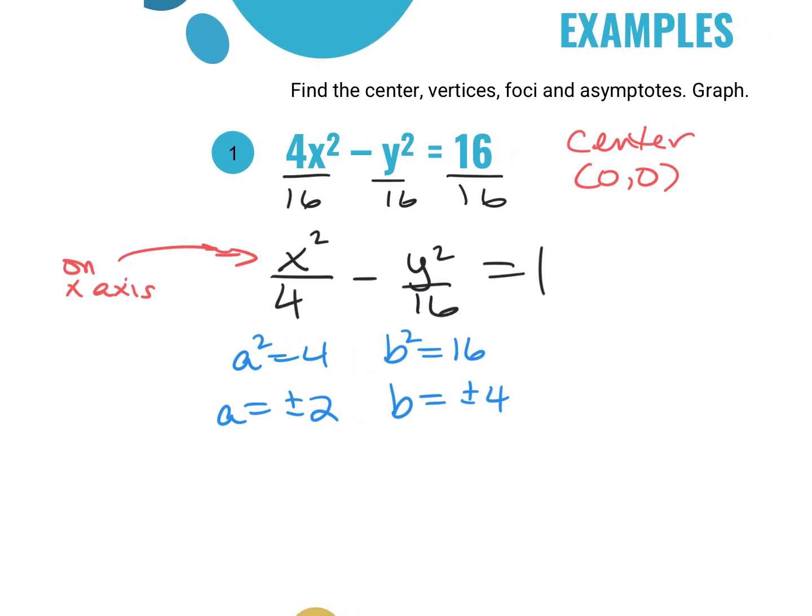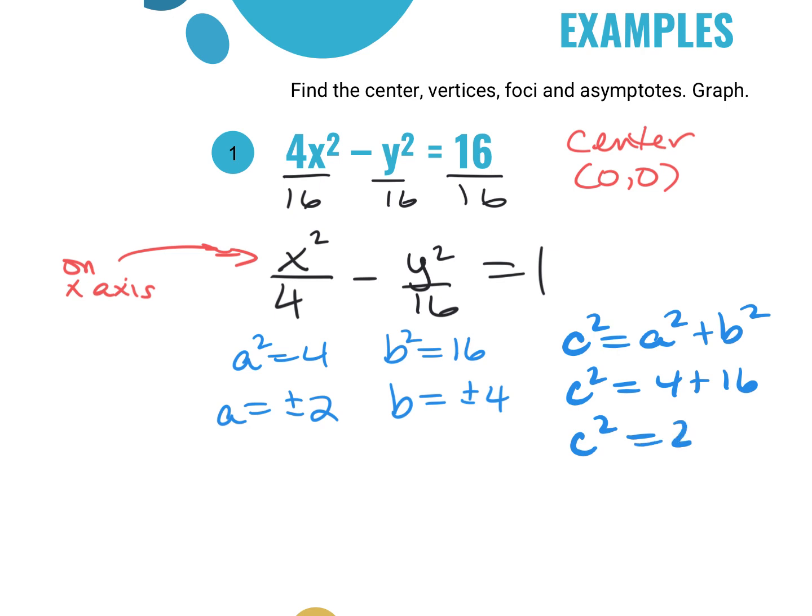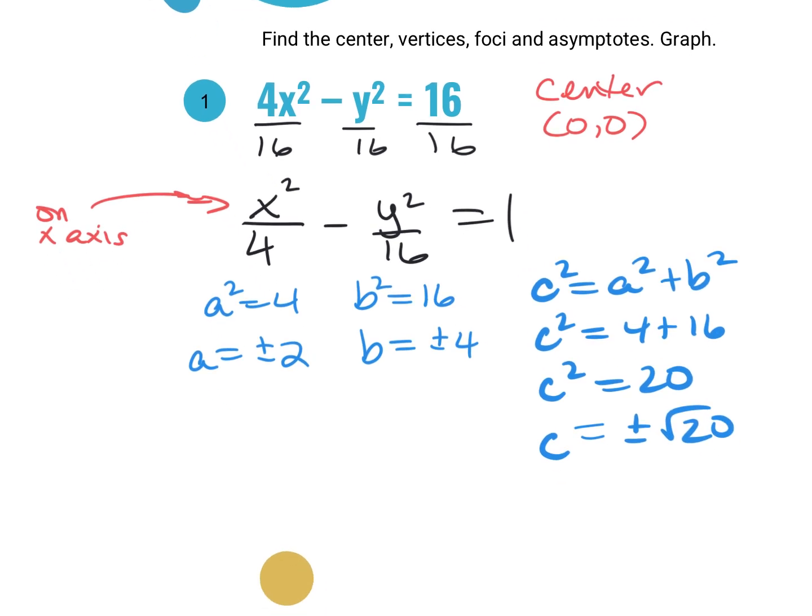Remember, c squared is equal to a squared plus b squared. So let's fill it in. My a squared was 4, my b squared is 16, c squared equals 20. So then I have to square root it. So c is equal to plus and minus the square root of 20. Got to do that factor tree, 4 times 5. So c equals plus or minus 2 square root 5.